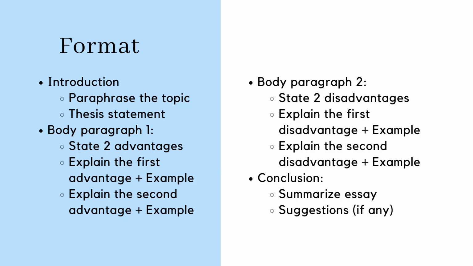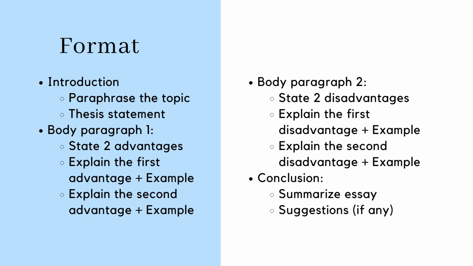Now we will see the content of body paragraph 2. It will be totally the same as the first body paragraph, but instead of the advantages, we will write disadvantages. It should start with stating two disadvantages, which will be the topic of your paragraph.